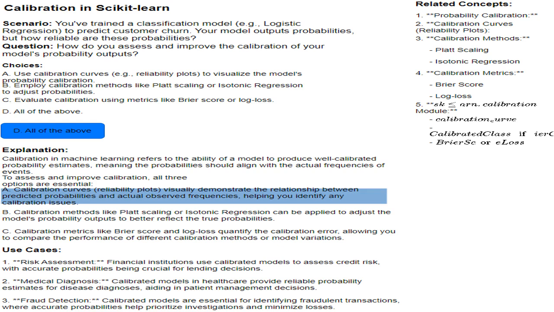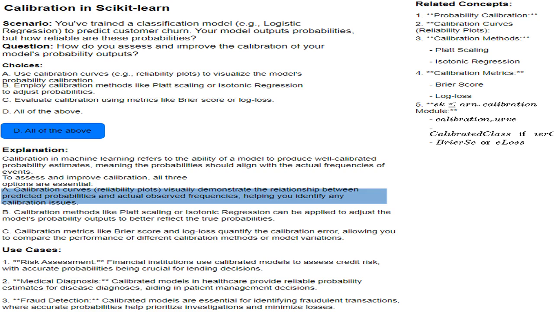They plot the predicted probabilities on the x-axis and the observed frequencies, or proportion of positive instances, on the y-axis. A perfectly calibrated model would have a diagonal line, indicating that the predicted probabilities match the actual outcomes. Deviations from this line indicate calibration problems, allowing you to identify areas where the model is overconfident or underconfident in its predictions.